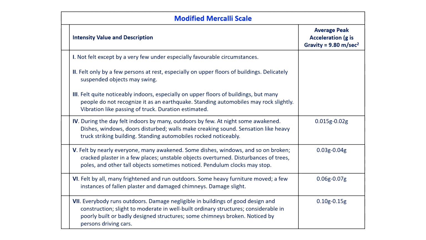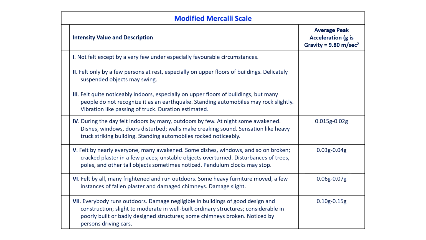Now here is a comparison which has been done based on intensity values and description and average peak acceleration. So what you will expect, what will be the intensity, plus which type of effect you will observe.